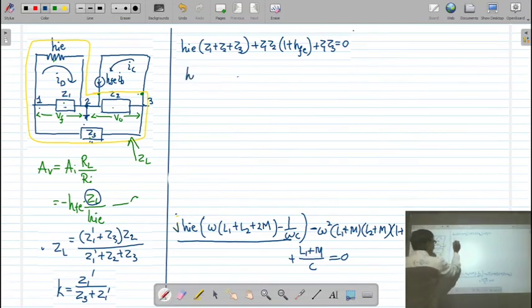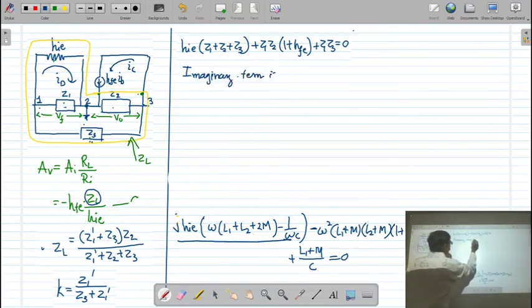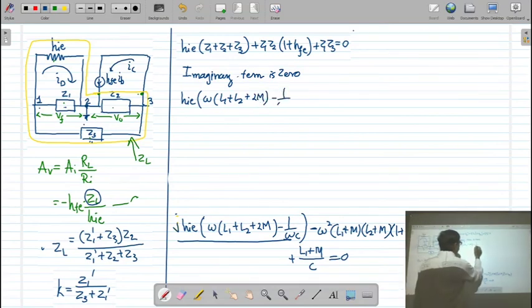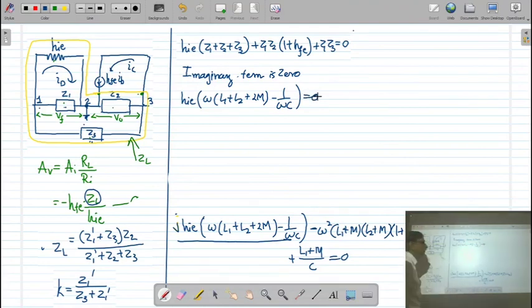Now the imaginary term is 0, therefore h_ie into omega times (L1 plus L2 plus 2M) minus 1 upon omega C is equal to 0.